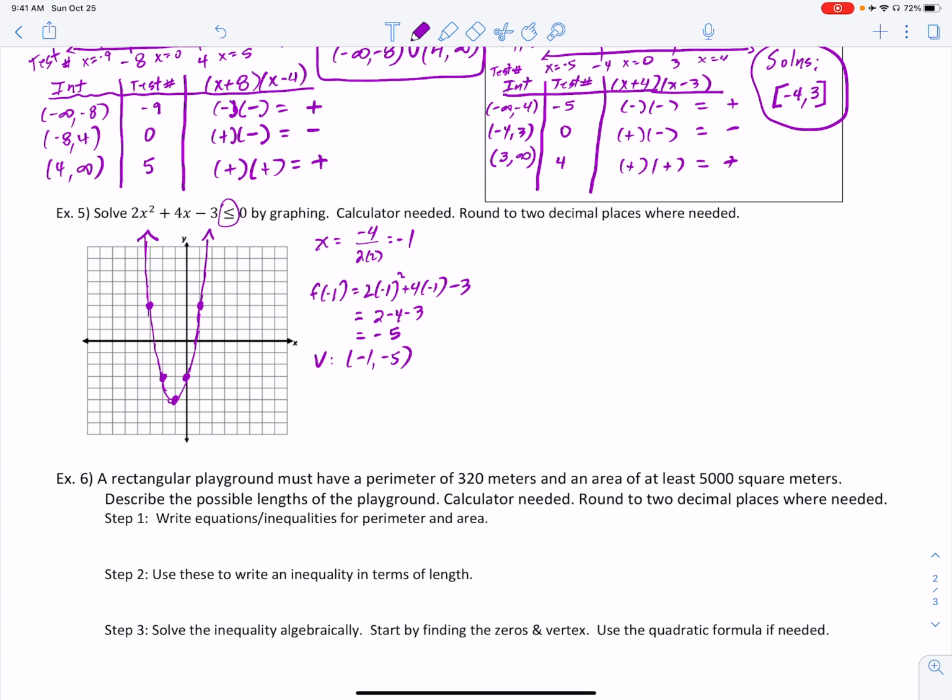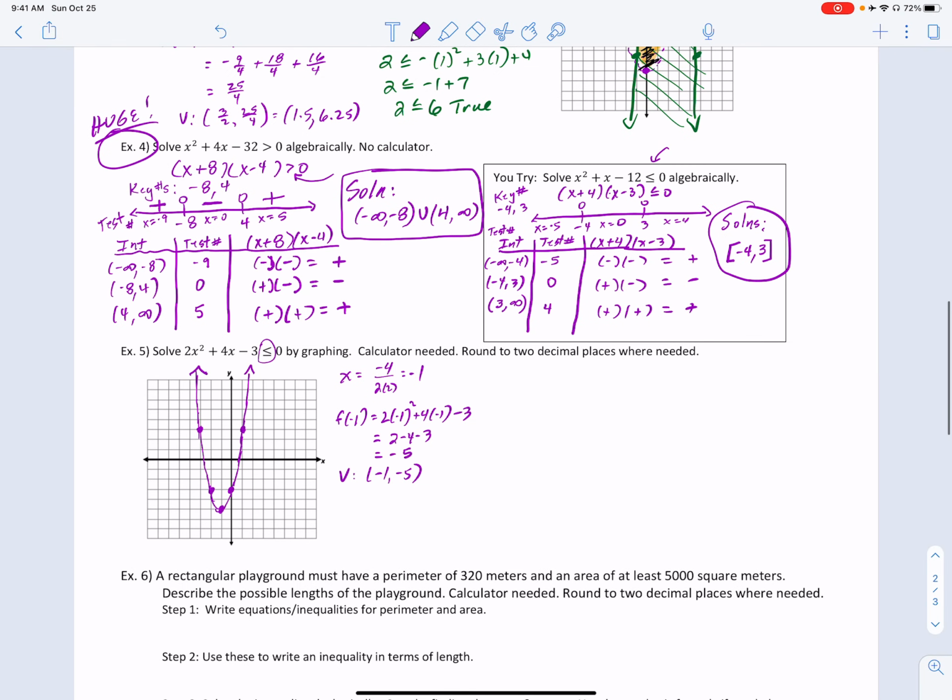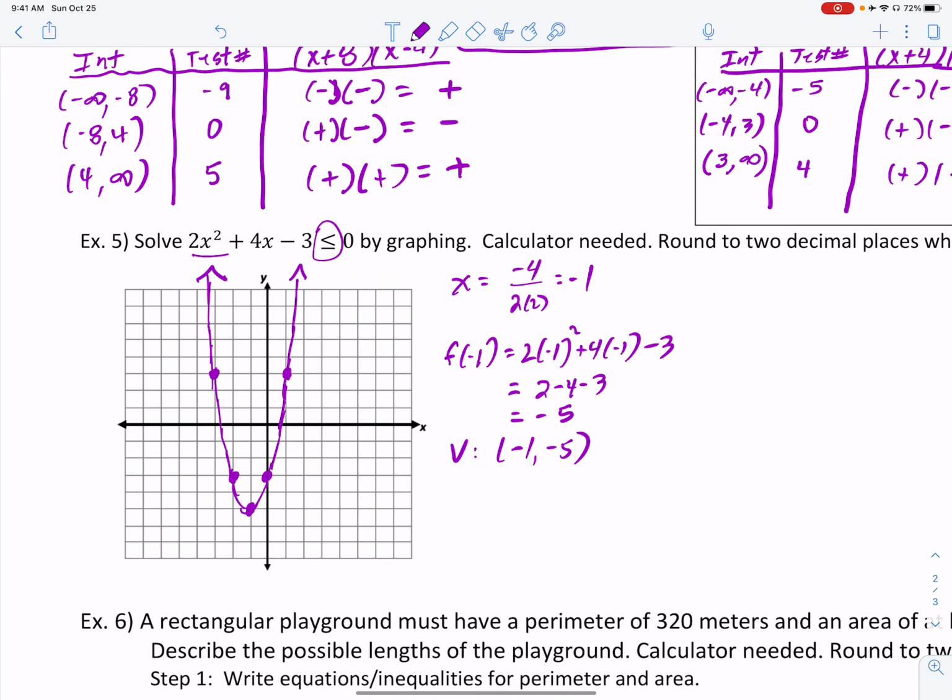And the solutions to this, much like what we were doing in example 4, have to be a range of x values. We need to use interval notation. And it is the x values that make this expression negative or 0.